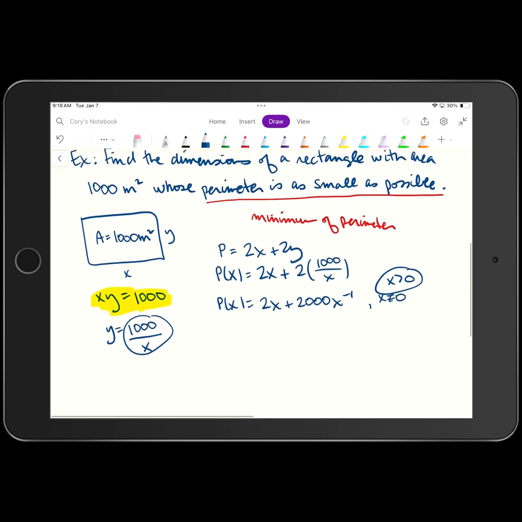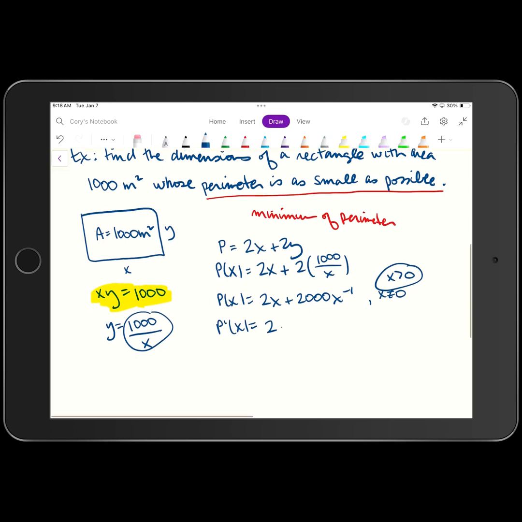Okay, so if we are trying to minimize perimeter, if I want to find the minimum of a function, we're going to take the derivative and then use that to find the critical points. So the derivative of 2x is 2. The derivative of 2000x to the negative 1 power is negative 2000x raised to the negative 2 power. Now I can combine this into a single fraction. So my common denominator is going to be x squared.